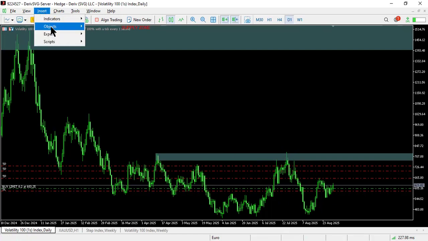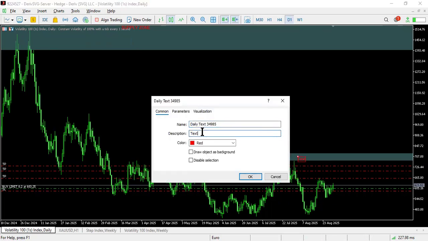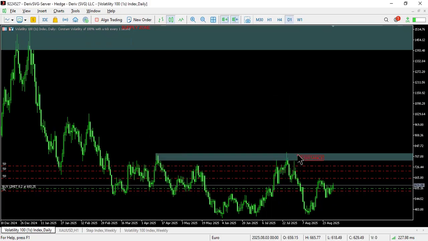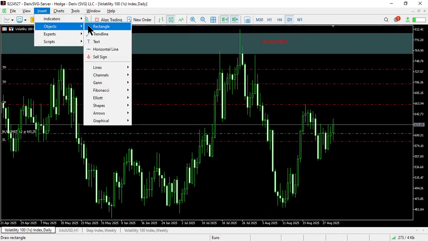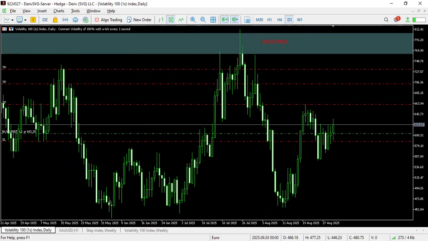So we have our resistance there, and then down here we have the support that is supporting price from going to the demand zone that we marked on the weekly time frame.